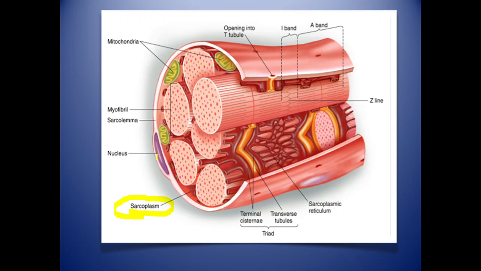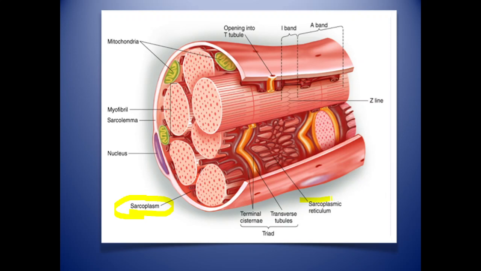So you can consider it as a cell enclosed by the plasma membrane, with the cytoplasm which we are terming sarcoplasm in this case. They have the nucleus. You can see here also nucleus, here also nucleus. They have the sarcolemma, the outer covering, and the sarcoplasm, the inner content. Then they have mitochondria. Numerous mitochondria will be present.